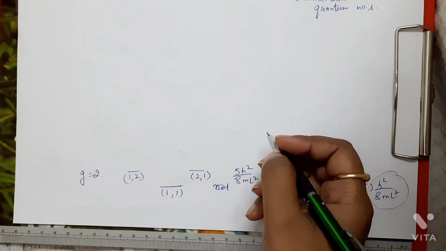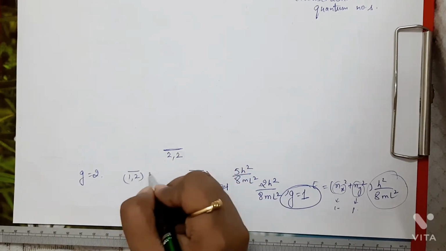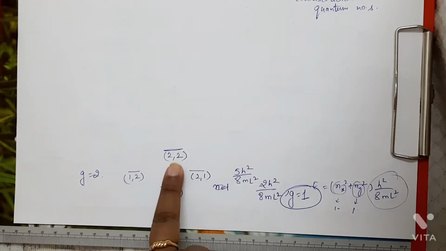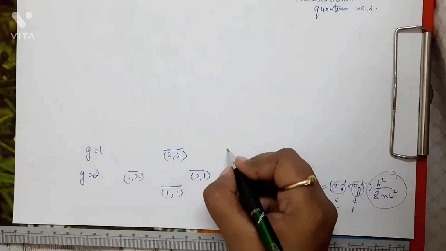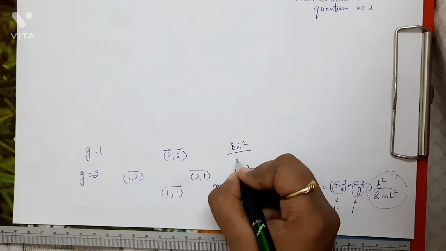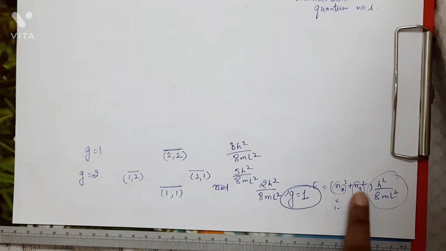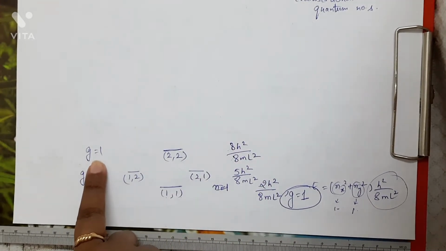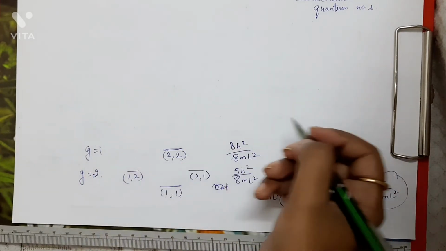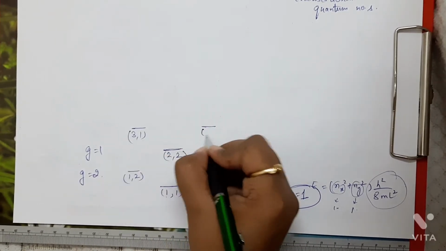After this, for the third energy level, we put nx and ny both equal to 2, so the possibility is only 1. So here degeneracy is equal to 1, and we get the energy as 8h square by 8 m l square, because 2 square is 4 plus 2 square is 4, 4 plus 4 is 8. Similarly, moving on to a higher energy level, we can put nx and ny equal to 3 comma 1 and 1 comma 3.